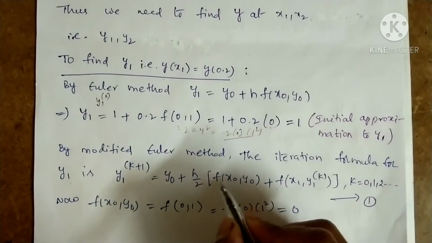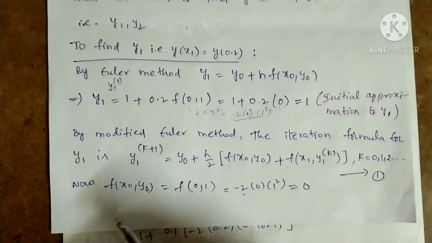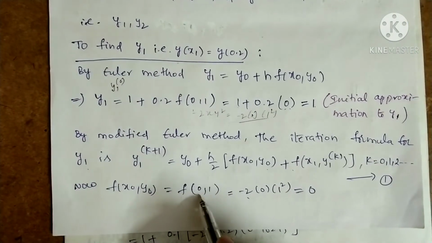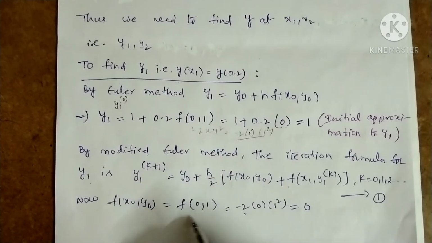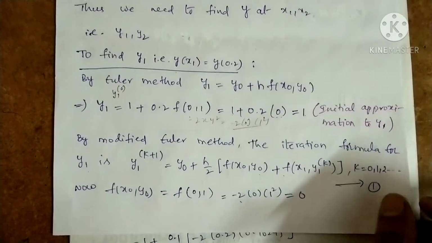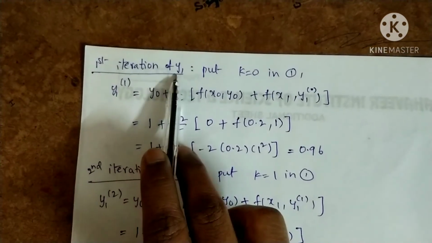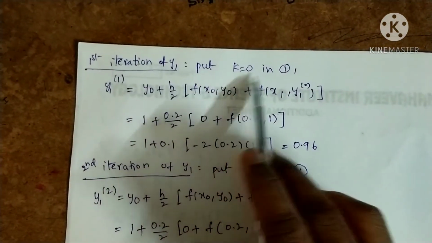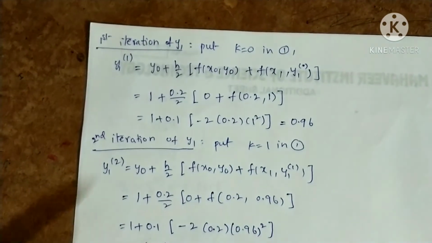Before that, in each iteration f(x0, y0) is the same, so let us find it separately. f(x0, y0) is f(0, 1), which is 0 using f(x, y) = -2xy². So let us start finding iterations. The first iteration of y1 is obtained by giving k equal to 0 in iteration formula 1.